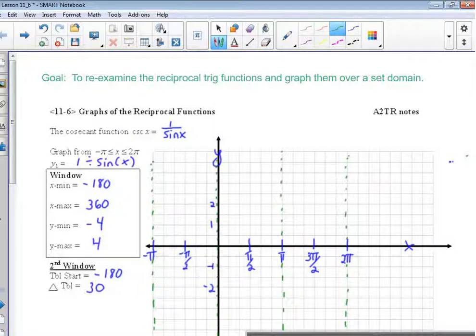You can have your calculator open while you're looking at this, but negative 150 was at negative 2. So that's over here. And then negative 120 was at negative 1.2.